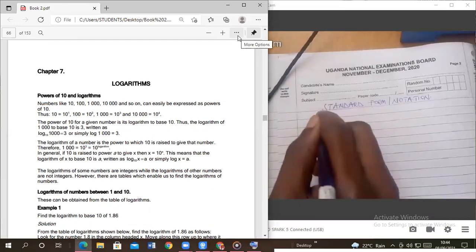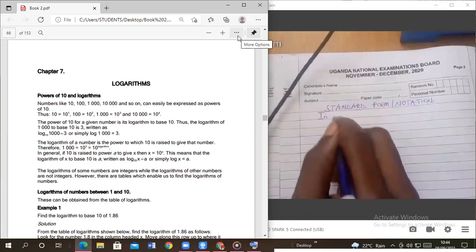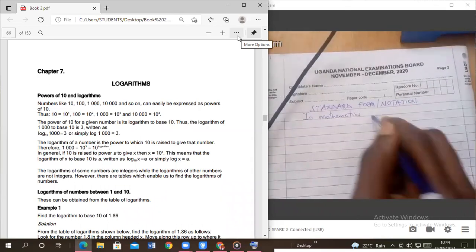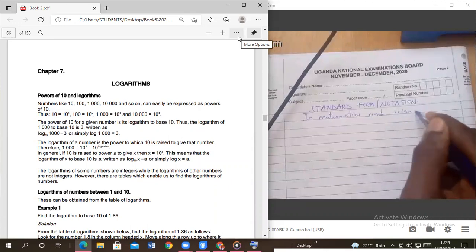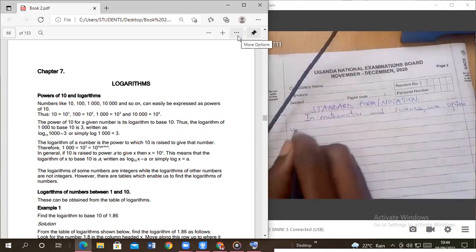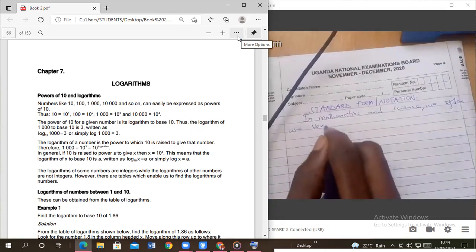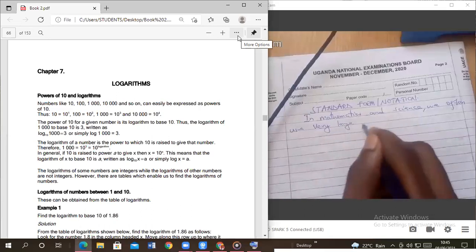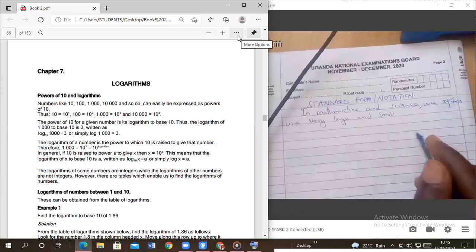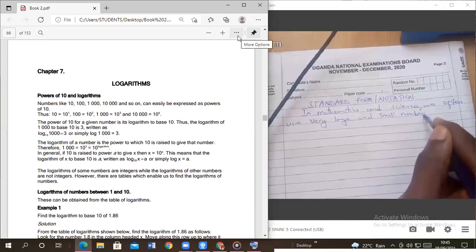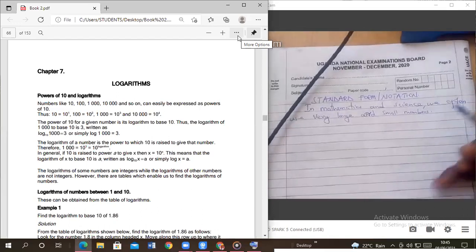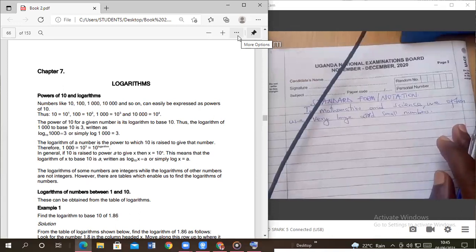In mathematics and science, we often use very large or small numbers.